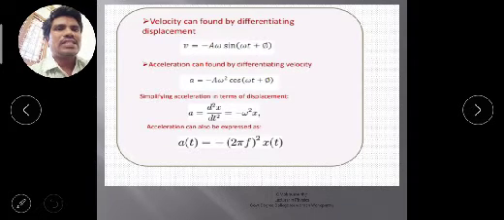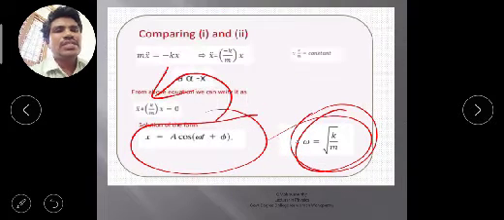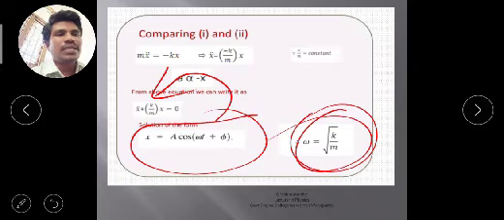and also velocity can be found by differentiating the displacement. Here you see x is equal to a cos of omega t plus phi, and omega is equal to root of k by m, and also k by m is equal to omega square.